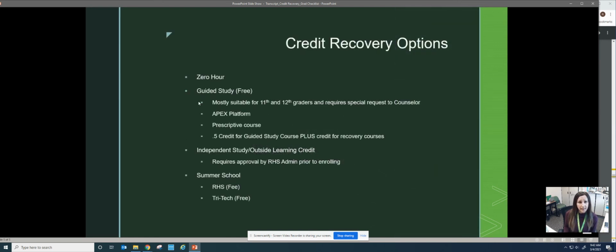The second thing, guided study, this is something that students take during the school year. It is a class where they work on an Apex platform to retrieve the credit, just like in summer school. It's typically only for 11th and 12th graders and requires your counselor to put you in the course.